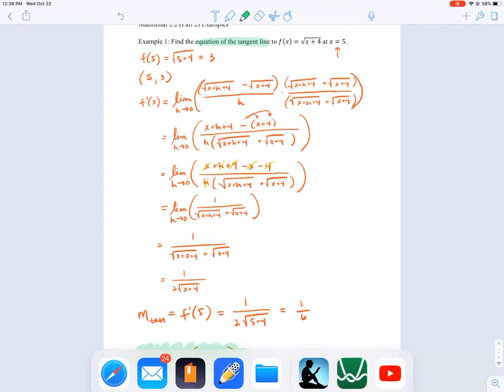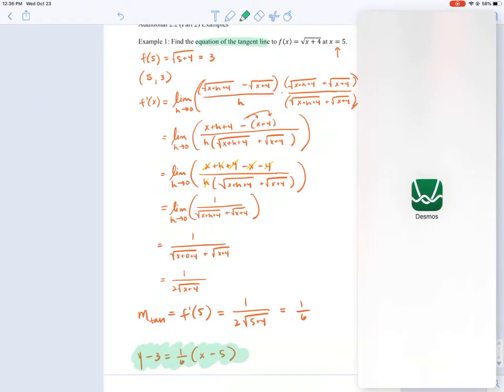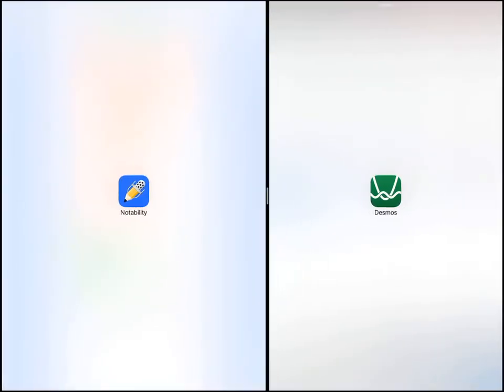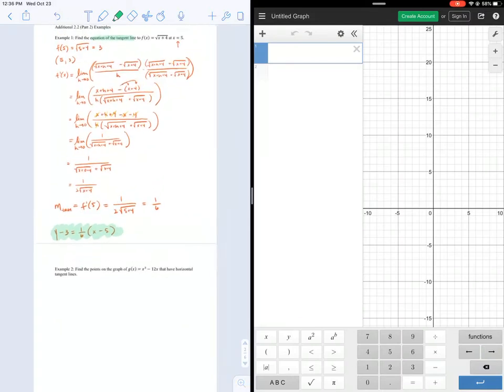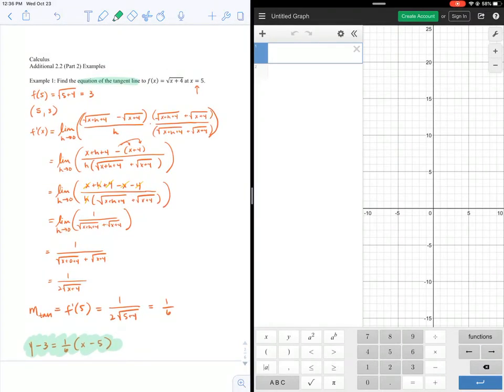And let's just look at graphically what that will look like. So we can say the slope of the curve, so the slope of f of x at x equals 5 is going to be 1/6.